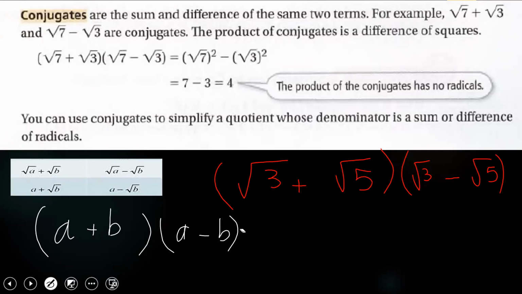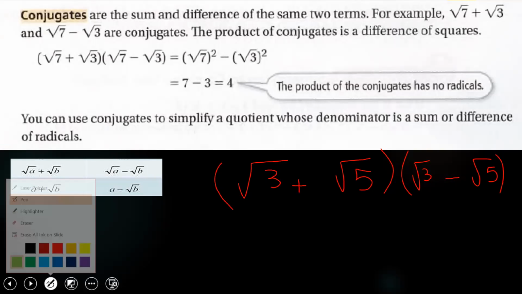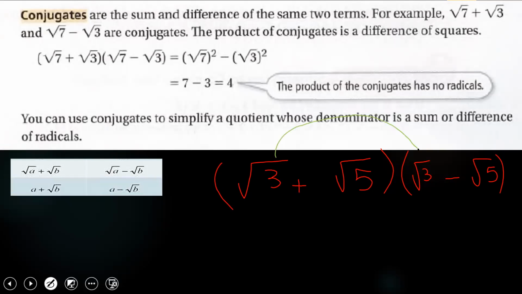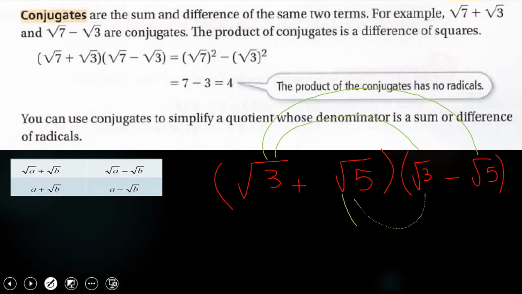Now, the product of the conjugates: if you multiply square root of 3 plus square root of 5 by square root of 3 minus square root of 5, use the FOIL way or the table, like multiplying square root of 3 times square root of 3, then square root of 3 times negative square root of 5, then square root of 5 times square root of 3, then square root of 5 times negative square root of 5.